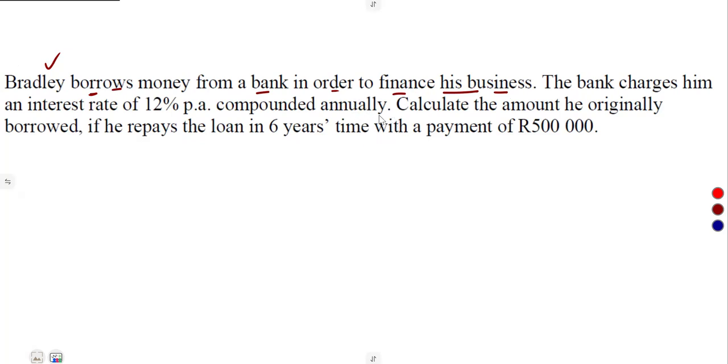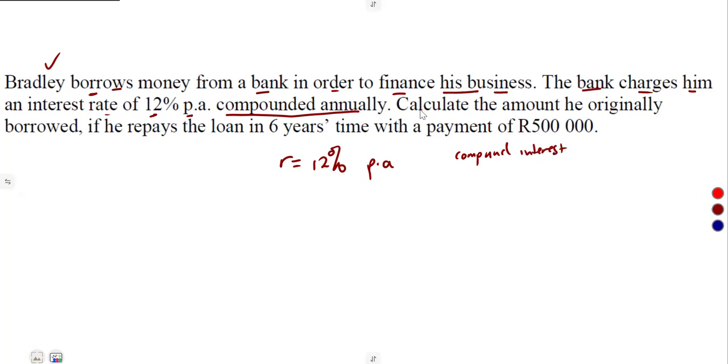We are not told about that. But they are saying the bank charges him an interest rate of 12% per annum, compounded annually, per year. So we have got the rate of 12% per annum, and that is being compounded annually, which means you're dealing with the compound interest in our case.